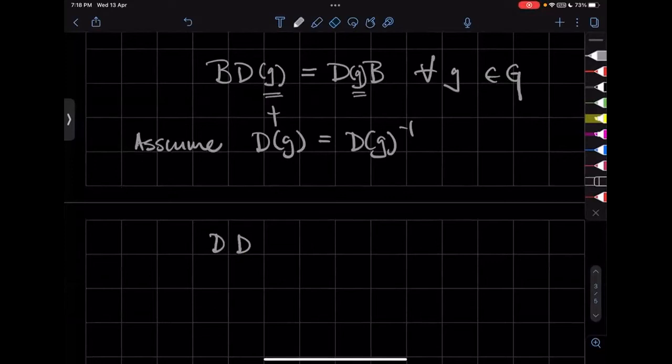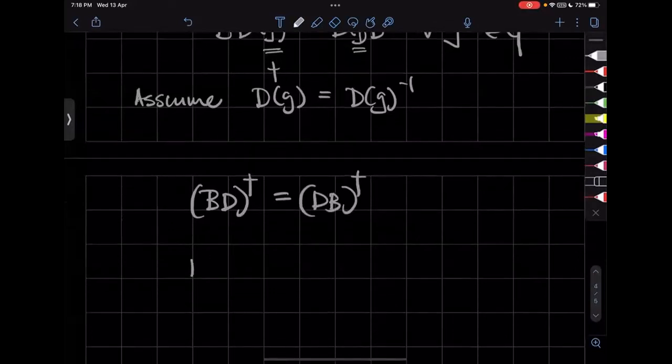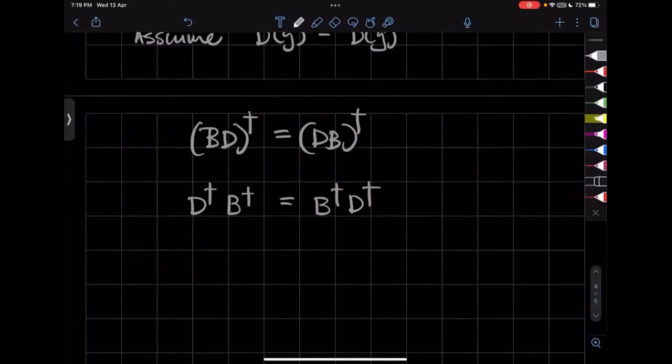So the equation I get is: if I take BD equal to DB, then I get D dagger B dagger equal to B dagger D dagger. But D dagger is D inverse, and B is assumed to be Hermitian.